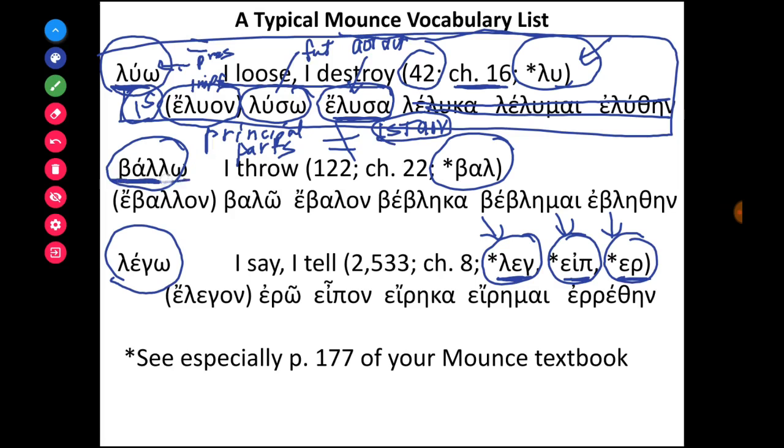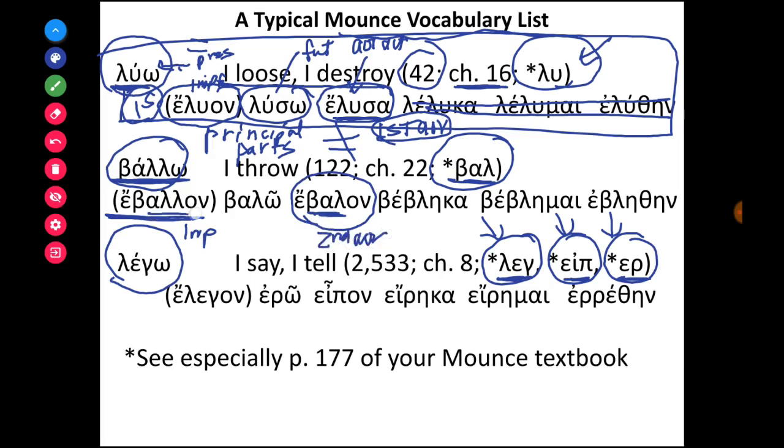But look at ballo. Ballo, and it has its verbal root bal. It is a form that you should study. You have eballon, which is the imperfect form. And then you have eballon again, but notice here this is a second aorist, which we just learned.